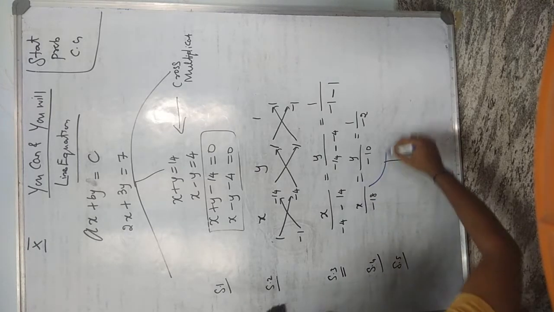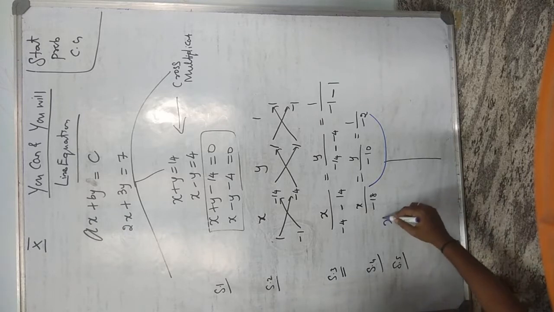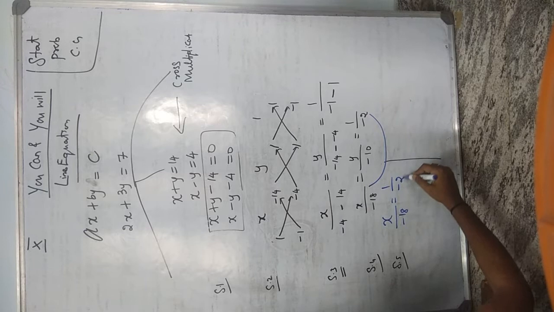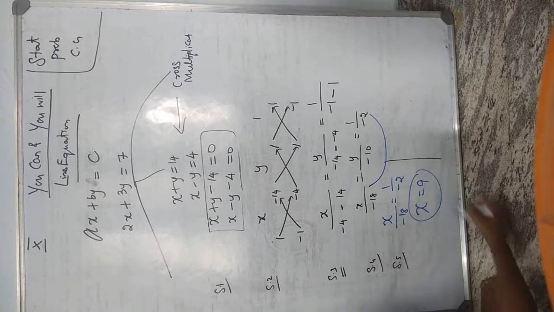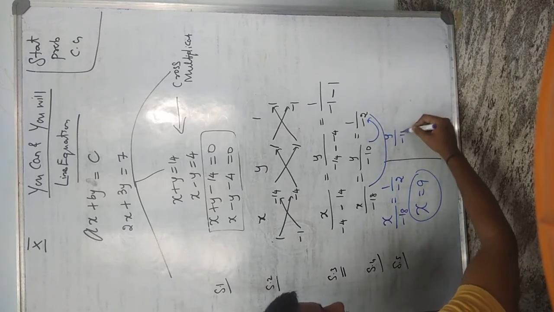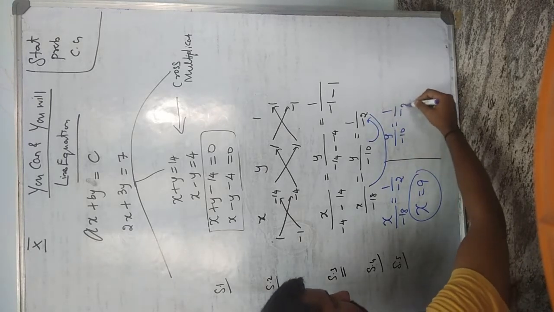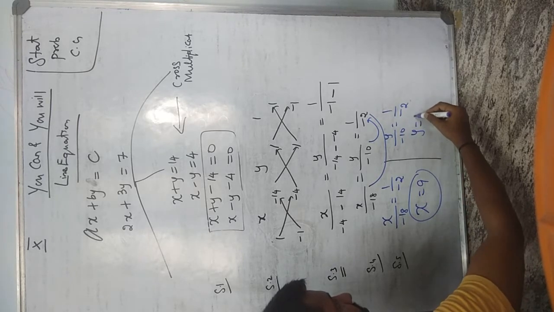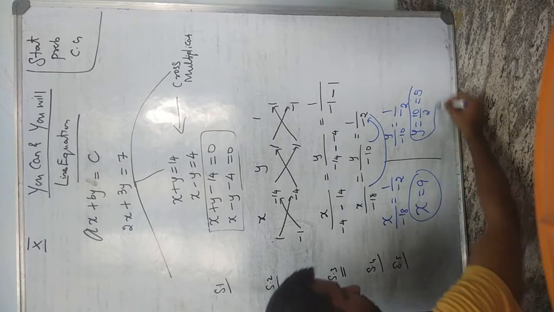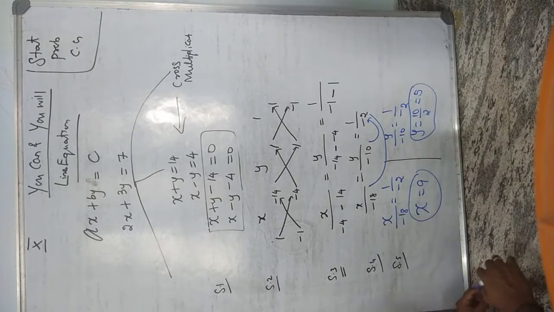Just equate, first and the last. So x upon -18, 1 upon -2. So I got x equal to 9, same answer. Equate these two. y upon -10 equal to 1 upon -2. So y equal to 10 upon 2, y equal to 5. Same answer I got for all the 3 methods.